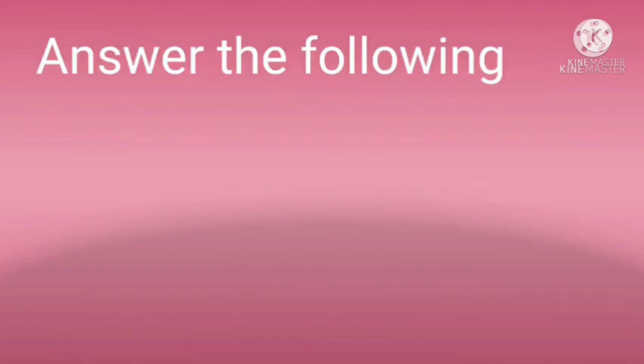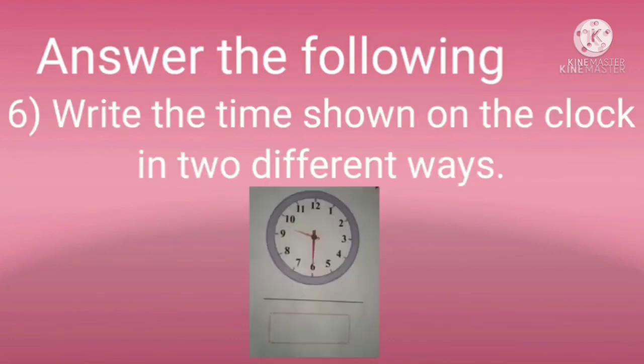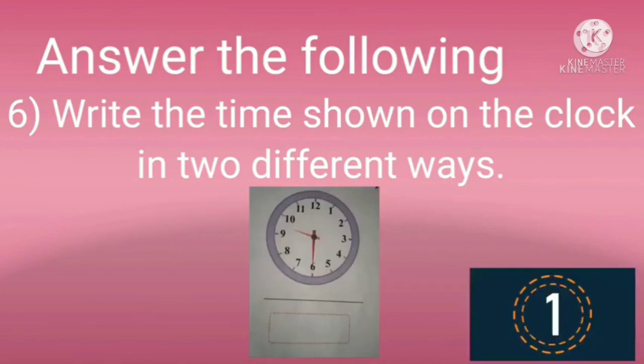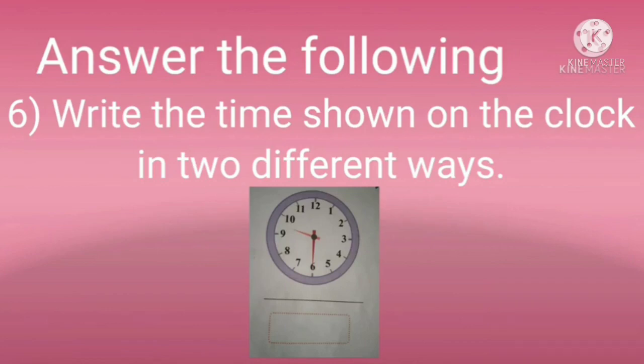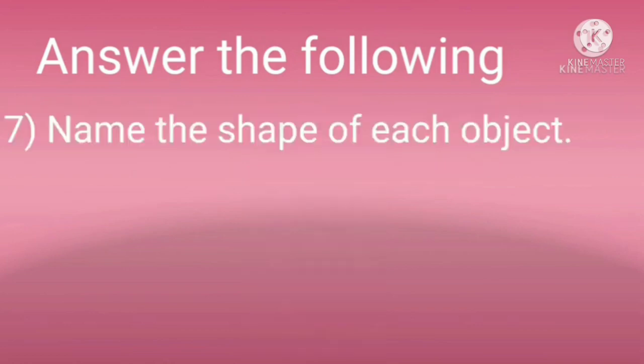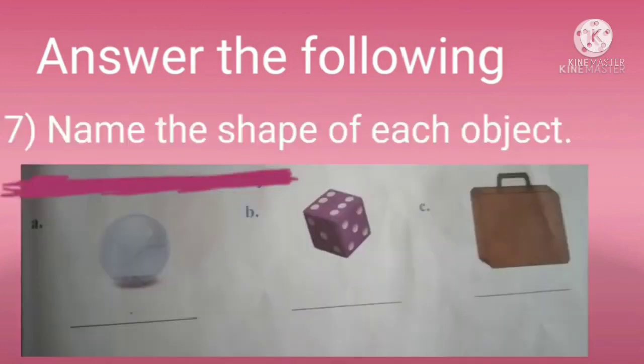Next, answer the following. Write the time shown on the clocks in two different ways. Your time starts now. Next question. Name the shape of each object.